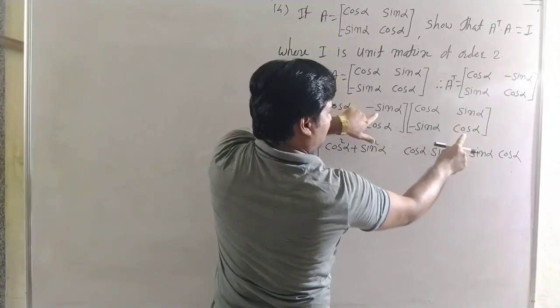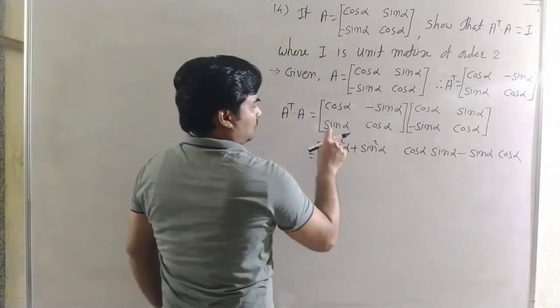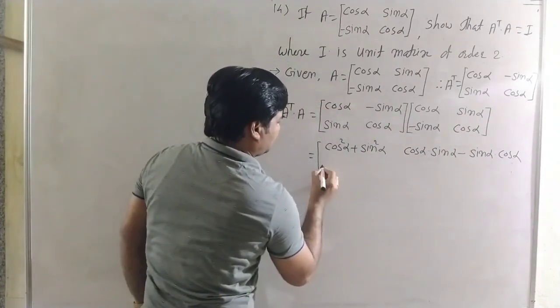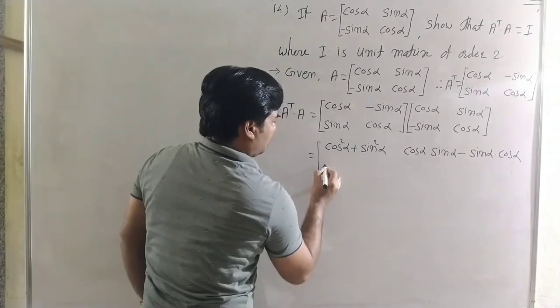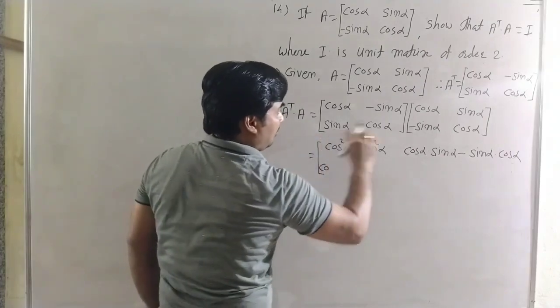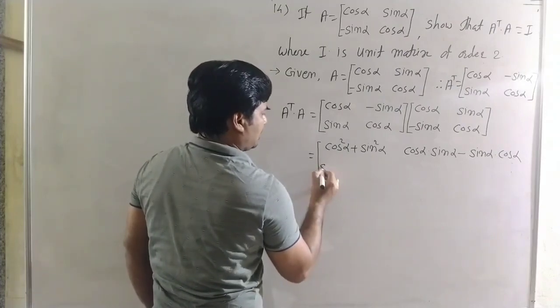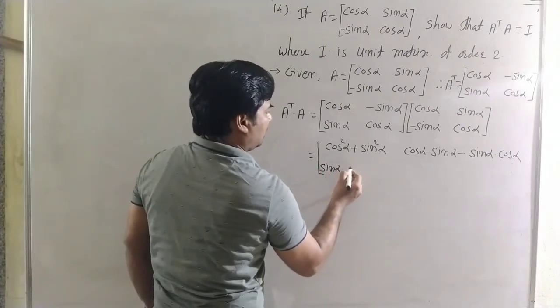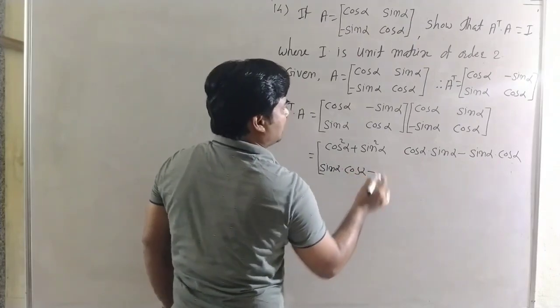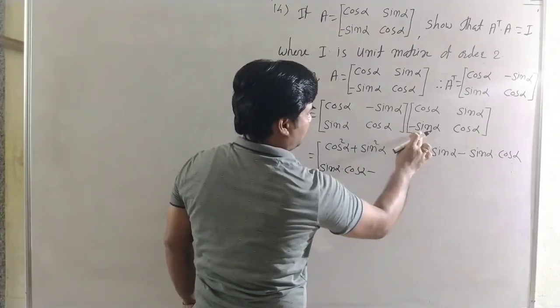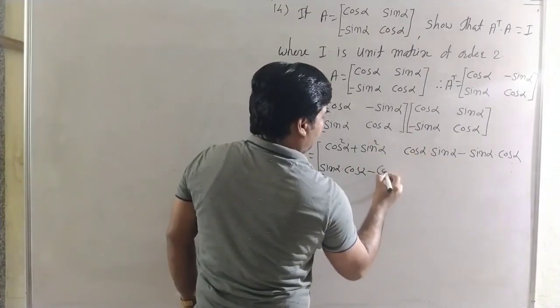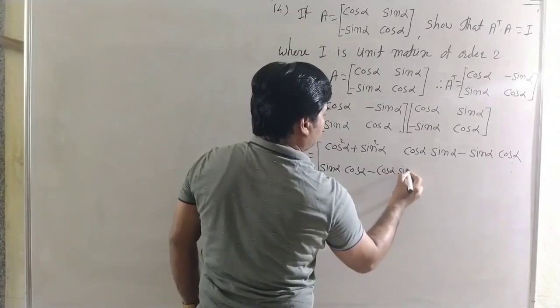Now second row first column, it is sin alpha into cos alpha or cos alpha into sin alpha, you can write anywhere. It is sin alpha into cos alpha minus cos alpha into sin alpha.